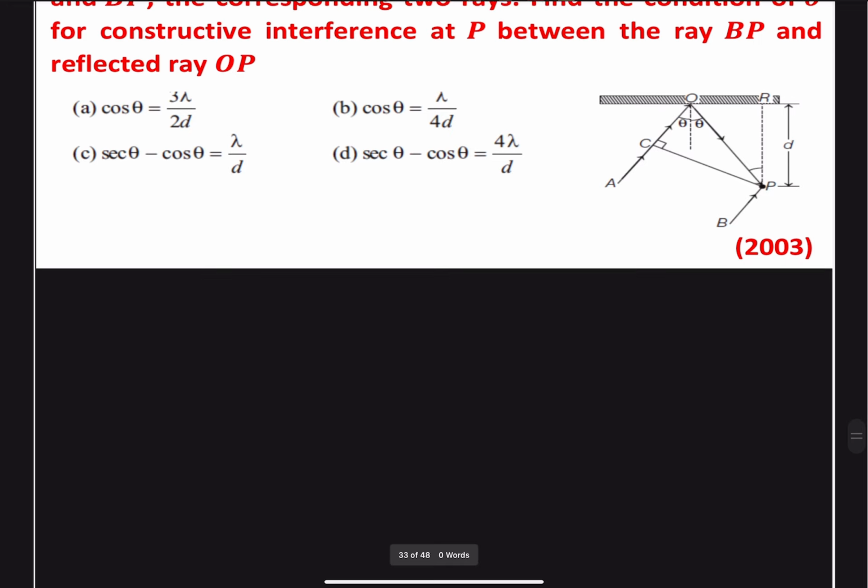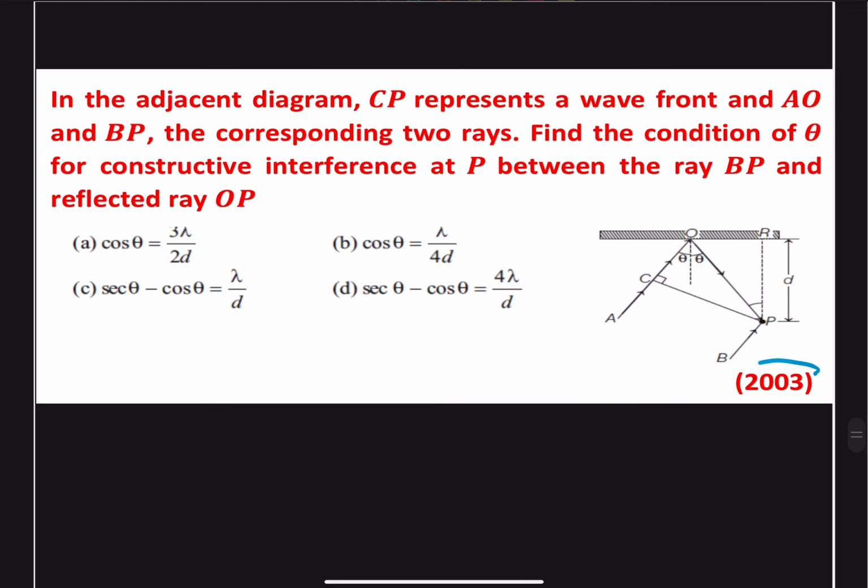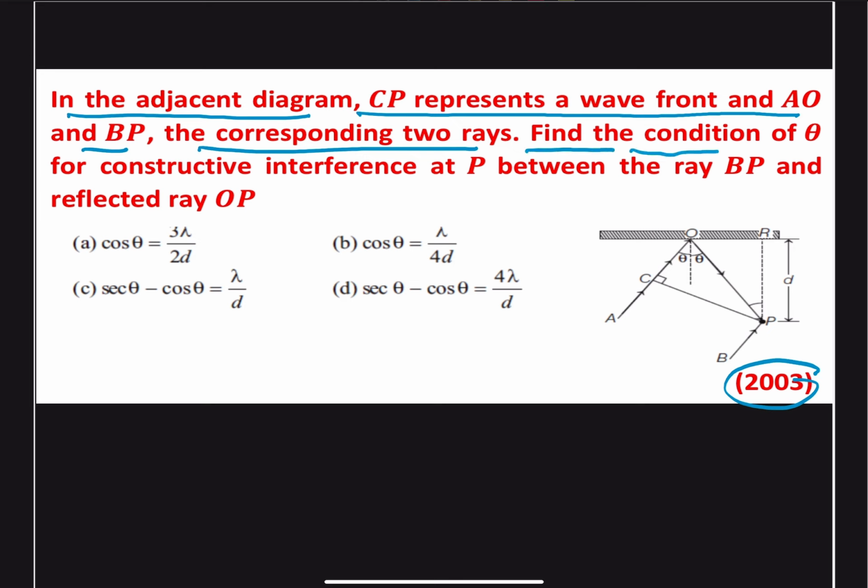So we come to the next question. It was asked in the year 2003, and it states that in the adjacent diagram, CP represents a wave front and AO and ABP correspond to rays. Find the condition of theta for constructive interference at P between the rays BP and reflected ray OP.